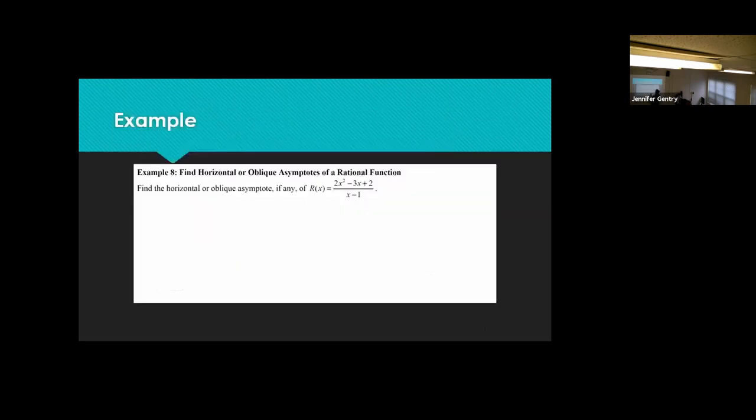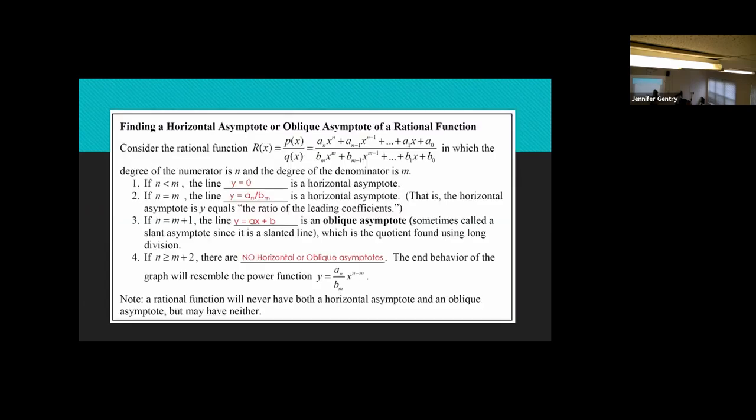If I say these are equal and I have a 2 over 1, what's my asymptote? Y equals 2. Right? If I said my exponents were equal. So really, those are the 3 parts of it that you need to remember for horizontal.